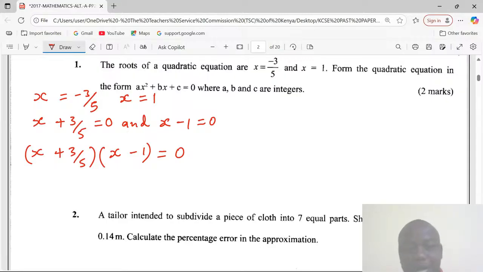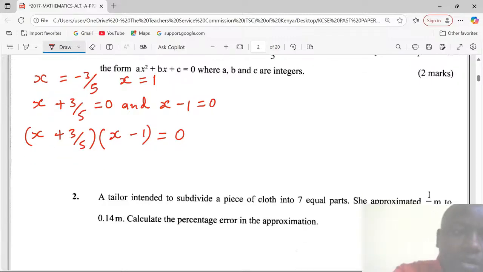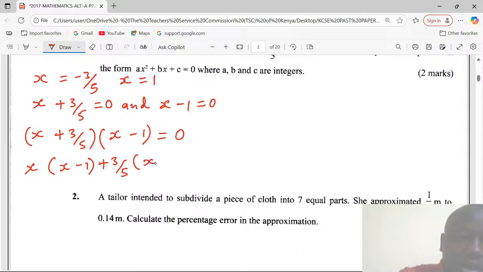How do we expand a quadratic expression on the left-hand side? We take the first term, which is x, and multiply with everything in the second bracket. The next term, 3/5, also multiplies everything in the second bracket, equals 0.